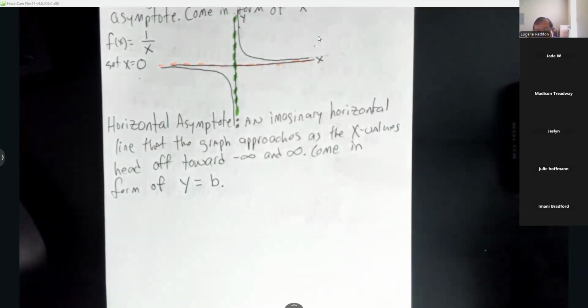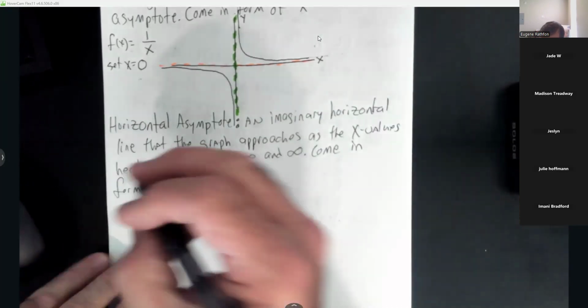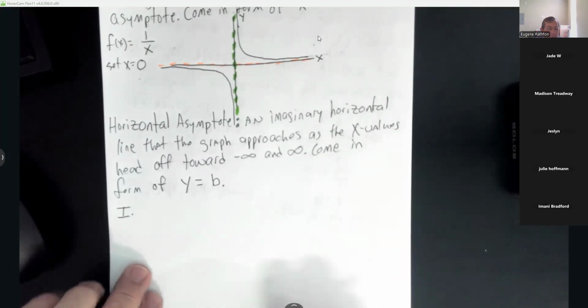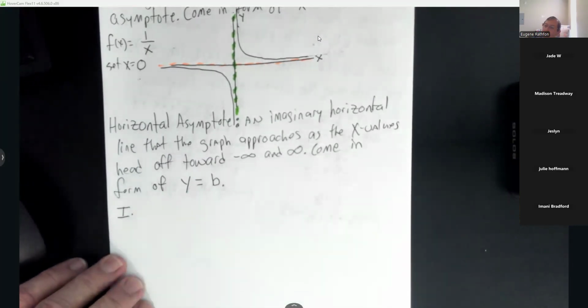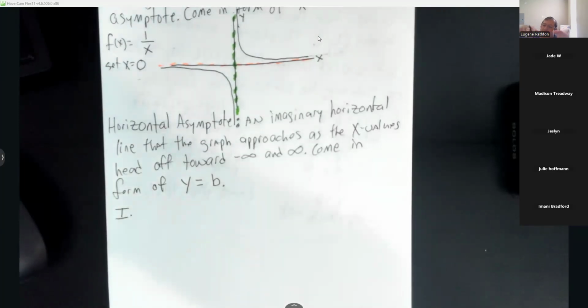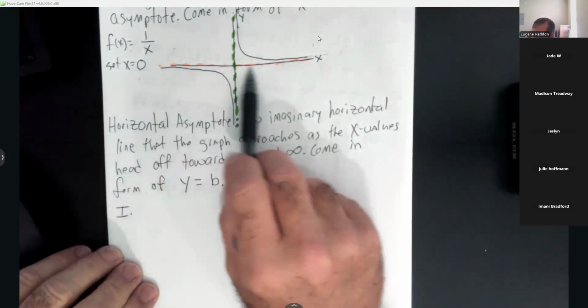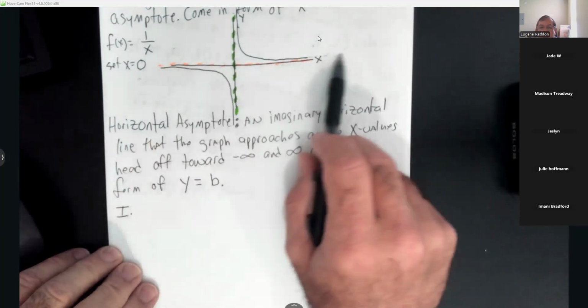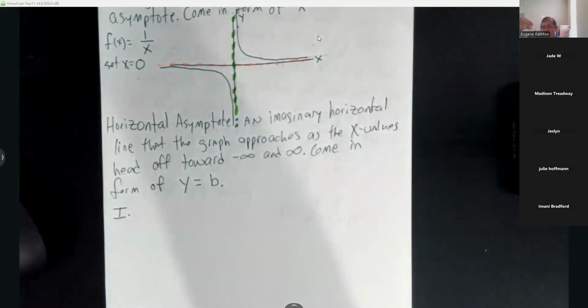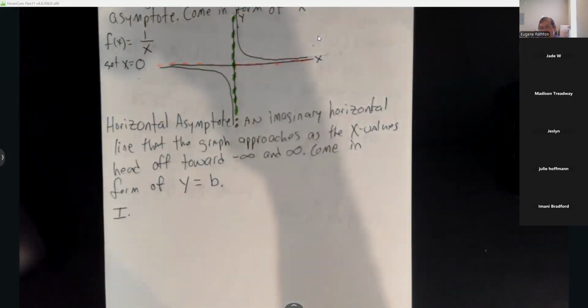There's three cases for a horizontal asymptote. Now we're going to look at the three cases because in one of the cases, you don't get a horizontal asymptote because the graphs are headed towards infinity. On one case, the horizontal asymptote is going to equal the x-axis where y equals zero. And then the third case, you look at the numbers in front of the function to get the asymptote.